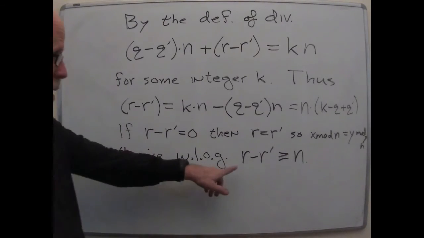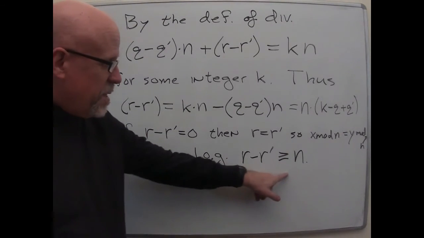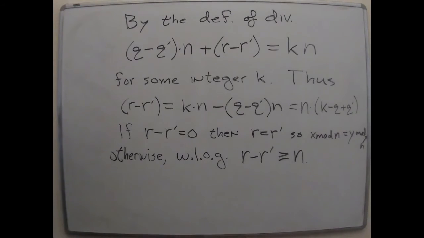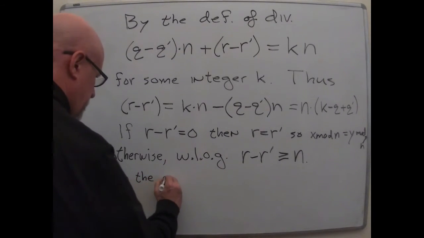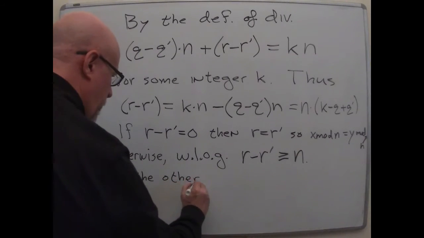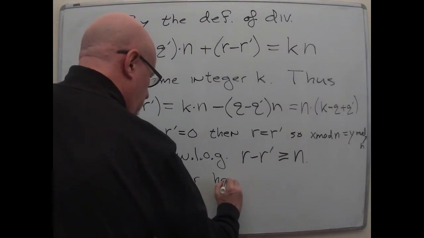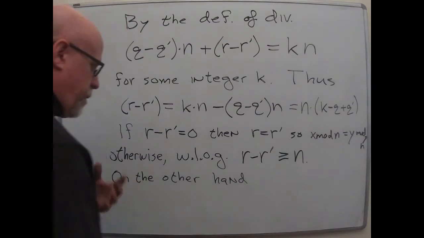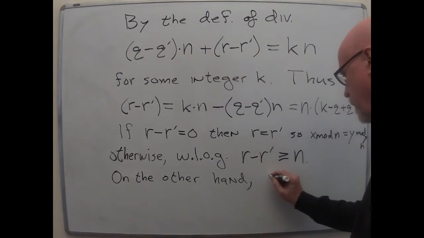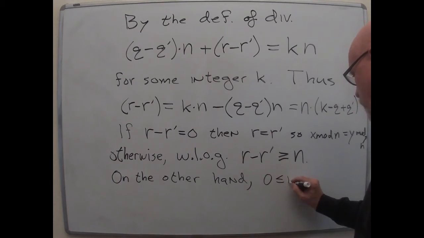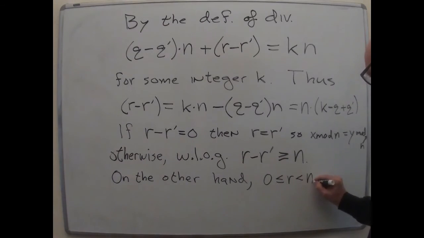Can we find something that this is contradictory towards? Yes, we can, because I know that r and r prime satisfy certain conditions. What we know is that 0 is less than or equal to r, which is less than n.